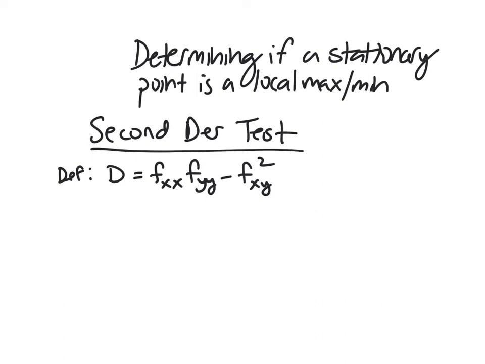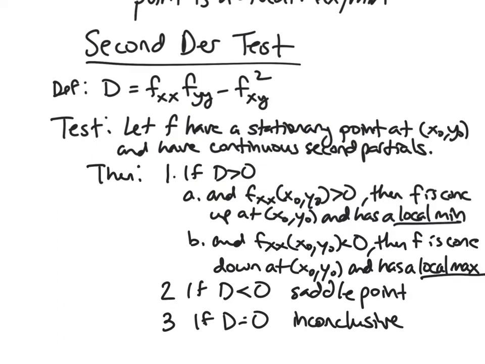Then the second derivative test is as follows. First we assume we have a stationary point, and we assume we have continuous second partial derivatives. For all the nice functions that we usually deal with, this will be true. Then if D is greater than 0 and fxx is greater than 0, you could also look at fyy by the way, then f is going to be concave up in all directions.